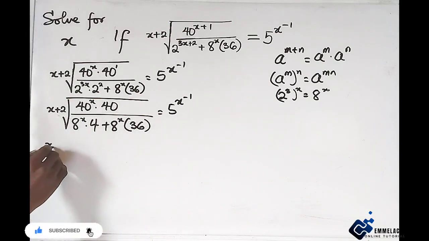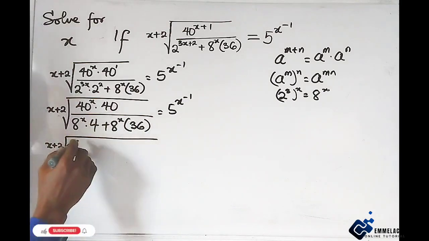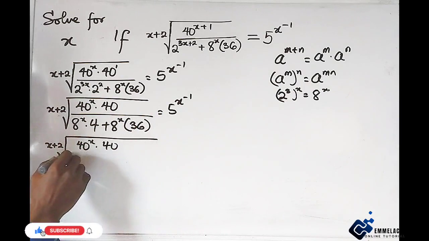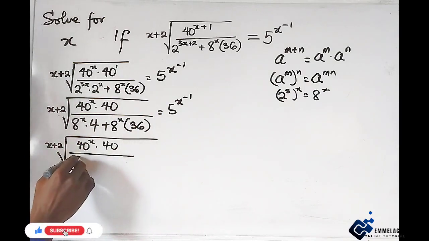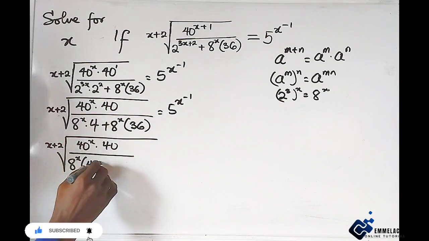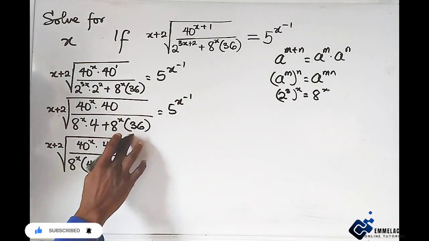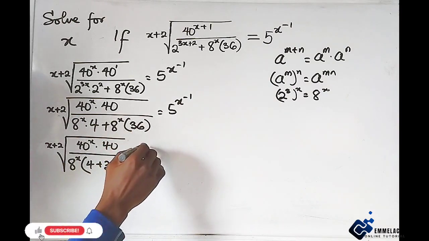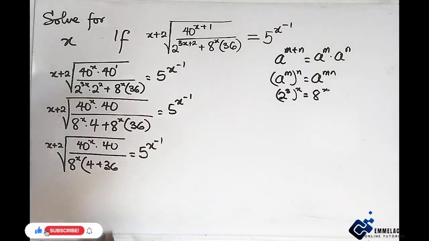So here we have the (x+2)th root of 40 raised to the power of x times 40, all over 8 raised to the power of x. Factoring it out, you have 4 plus 36, equals 5 raised to the power of x, raised to the power of negative 1.